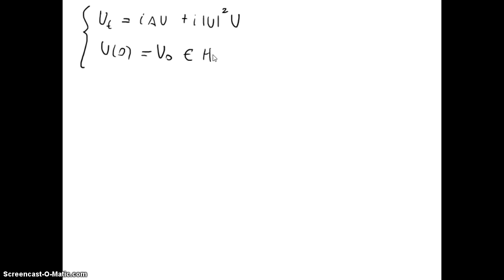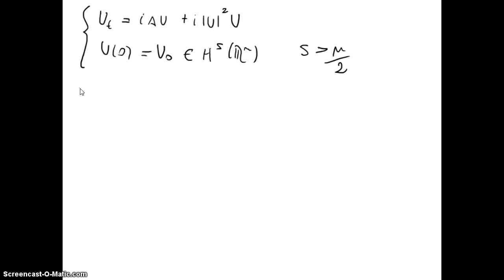So for example, let's consider what we've already seen for a long time, the Schrodinger equation, but let's consider particularly when we have |u|^2 u with alpha here. And u0 is equal to u naught, but u naught will be in H^s(R^n), and we want to consider that s is greater than n over 2.